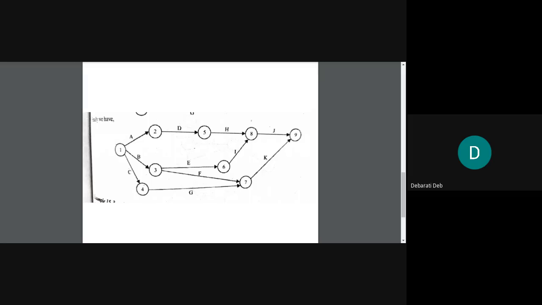Understood? The activity which is less than some other activity will be the predecessor of that activity. That means it has to start first, and only then the next activity will come.